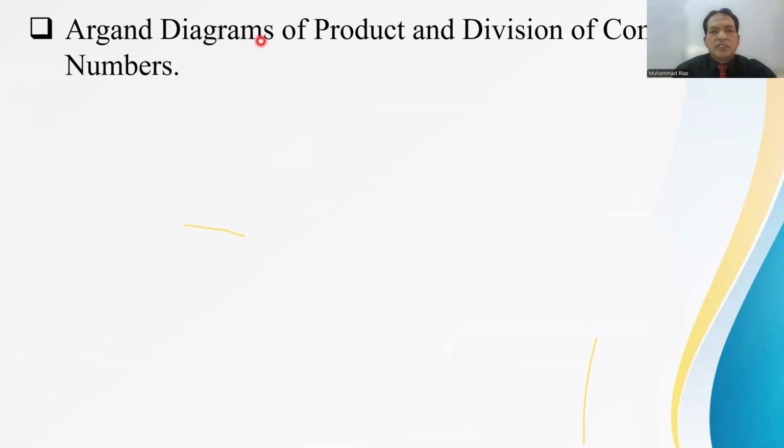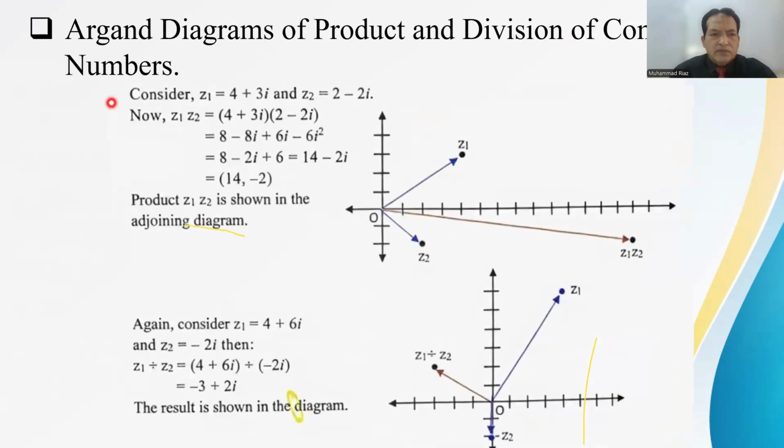Argand diagrams of product and division of complex numbers. Students, here we will discuss the product of two complex numbers and the division of two complex numbers on graph paper. Look, the first complex number z1 is equal to 4 plus 3 iota, and the second complex number z2 is equal to 2 minus 2 iota.